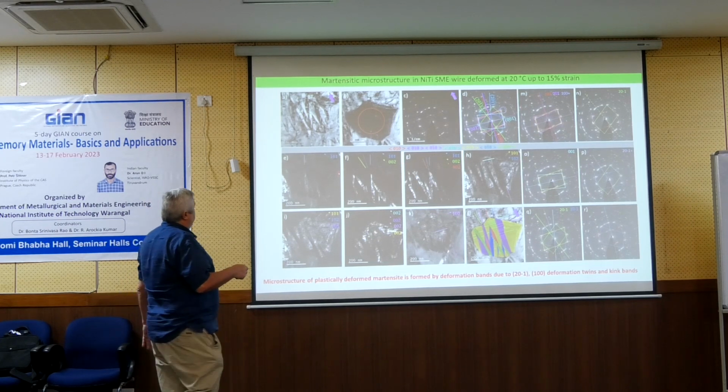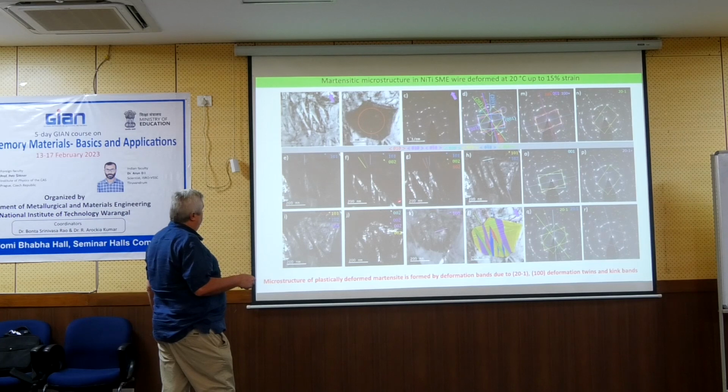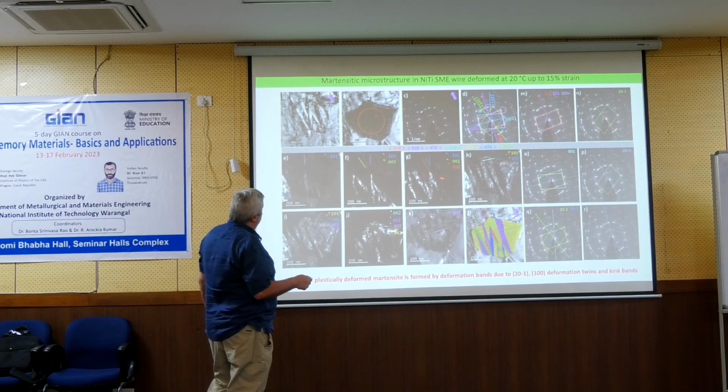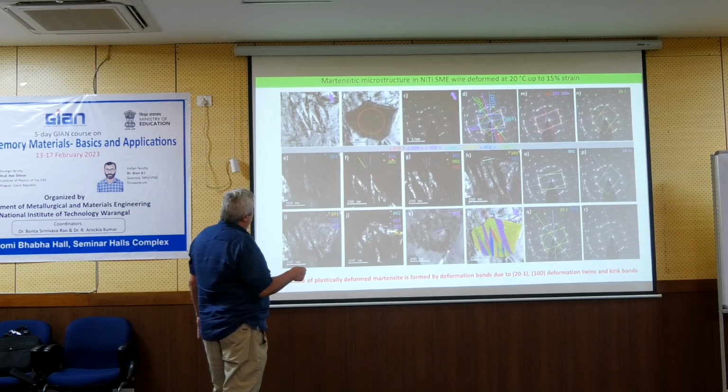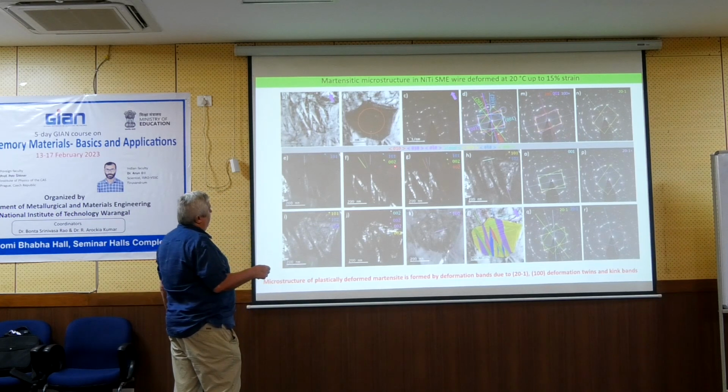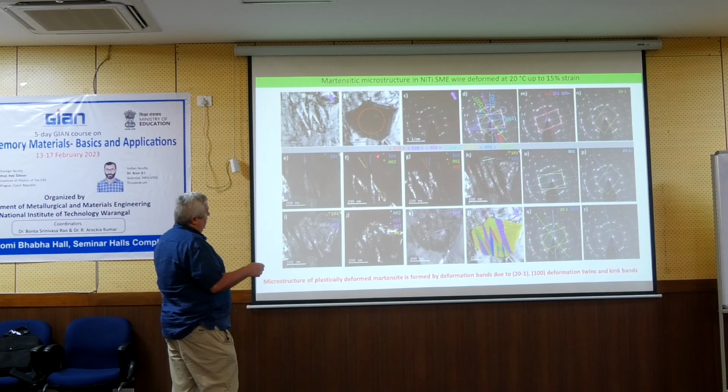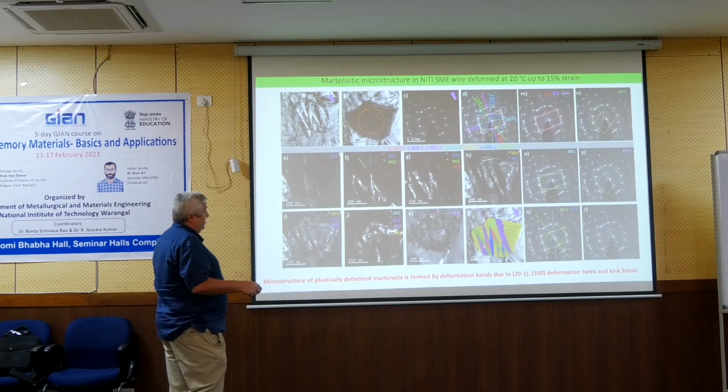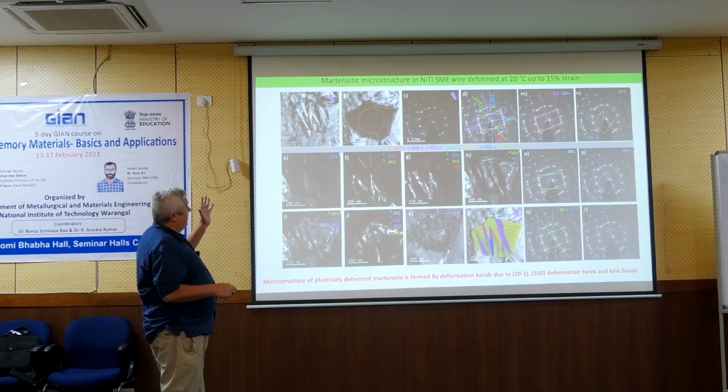The way it is done is very much the same. If I look with this green direction, I can see only these twins because I have two kinds of diffraction. So using different kinds of dark field imaging, I can reconstruct this microstructure. Okay, you don't have to go into the details.